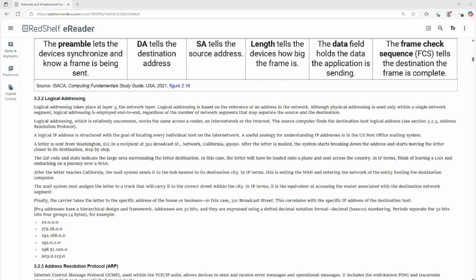It's important for you to know that IPv4 addresses have a hierarchical design and framework.